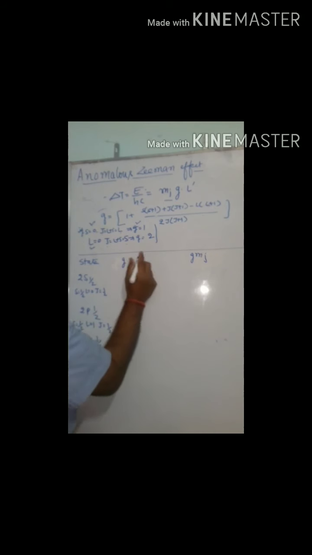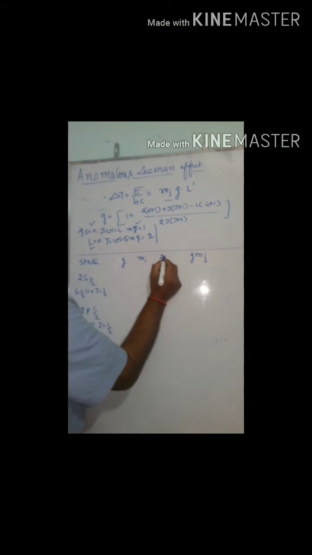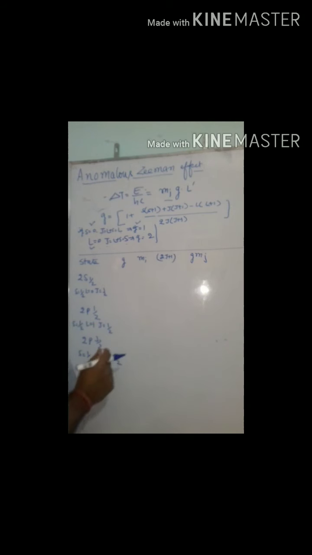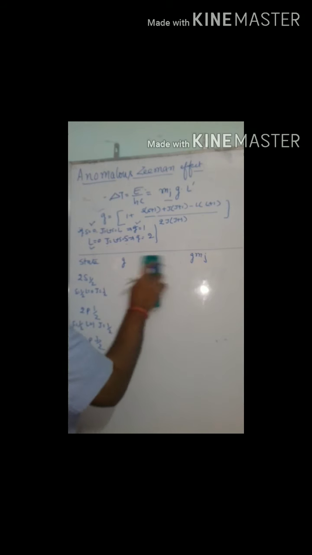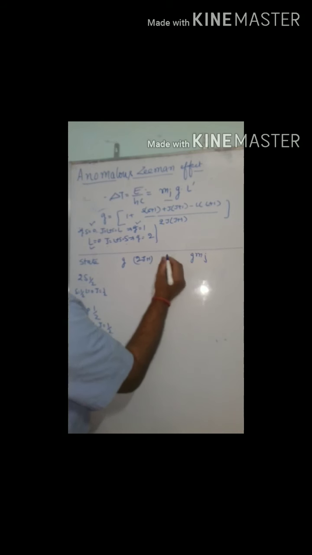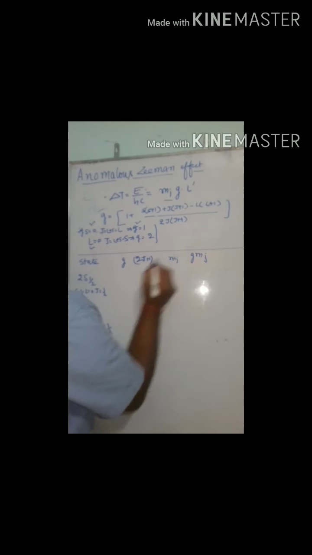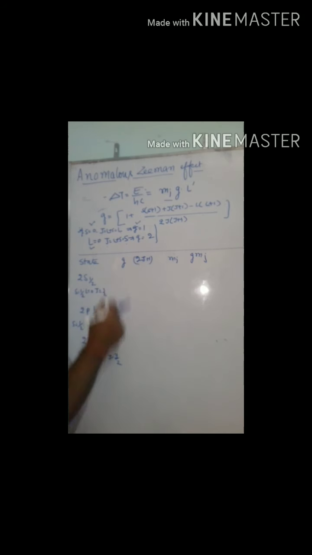Mj has 2j plus 1 values. So this is 2j plus 1 states. For this value, S is equal to 1 by 2, L is equal to 0, J is equal to 1 by 2.